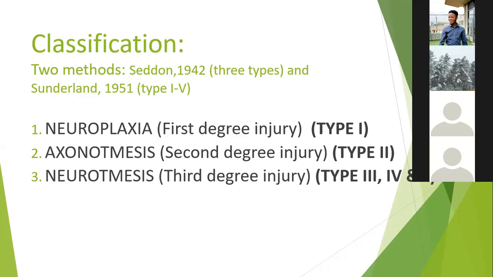So depending on what level you have damaged, it will give you type 3, 4, and 5. So in this case, it talks about damaging the connective tissues and damaging the axon. It is the third degree type of injury. Second, only the axon. Type 1, none of them have been cut completely.